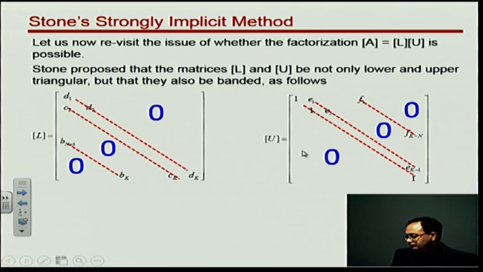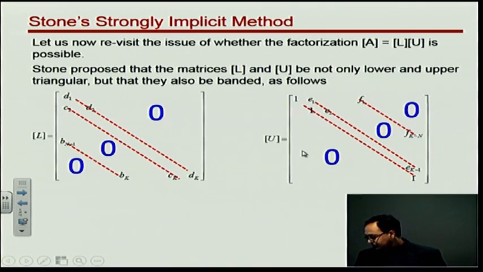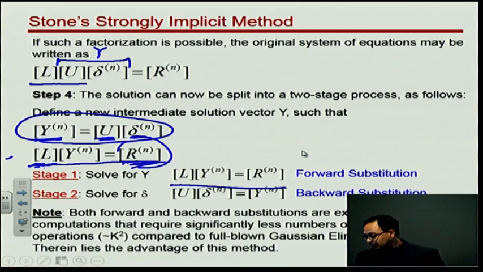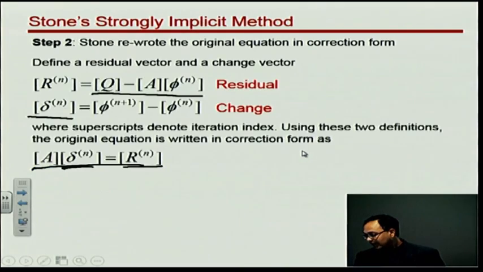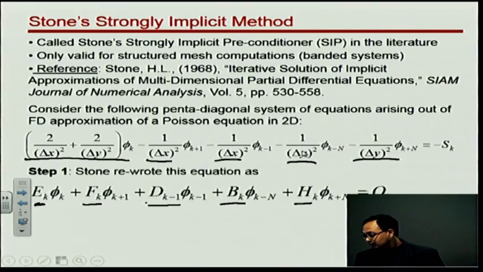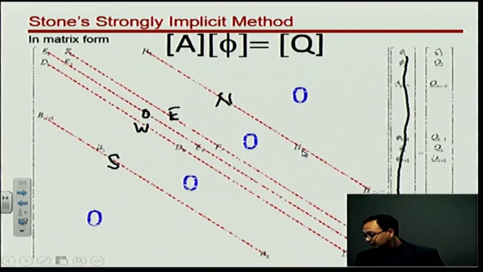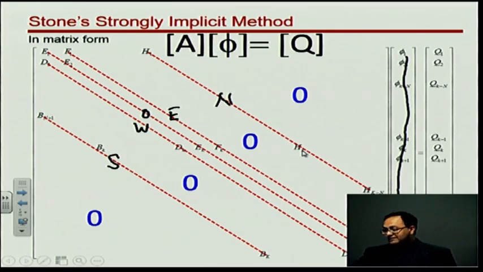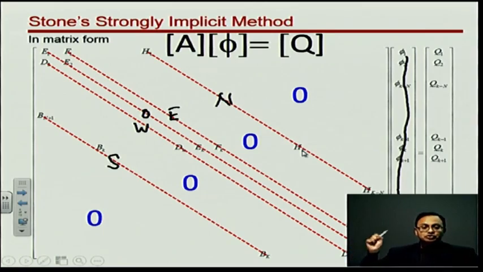Now, in terms of notations, I just want to caution you a little bit here. If you go back, the matrix elements of the original matrix are all capital letters. So just keep that in mind. Don't confuse these capital letters with the small letters we are using later on.